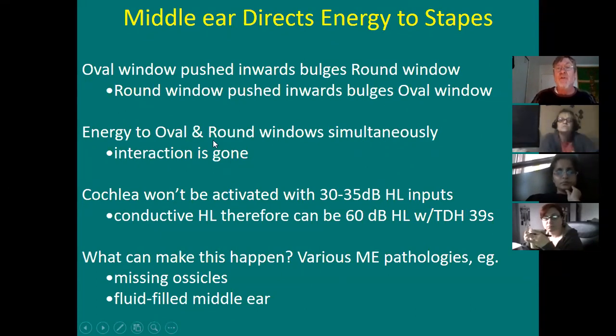With energy to the oval and round windows simultaneously, you haven't got that interaction anymore. And the cochlea won't be activated with 30 to 35 dB inputs, and a conductive loss can therefore be more, 60 with circumaural headphones. TDH39 is the name of the headphone used in audiometry.